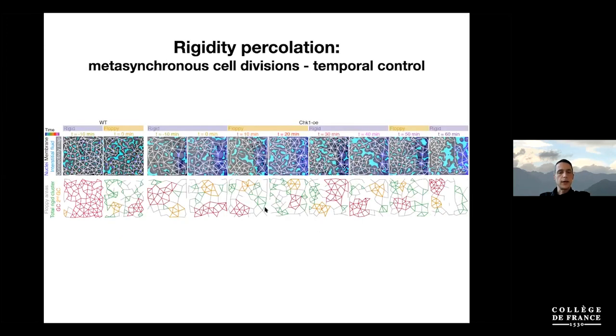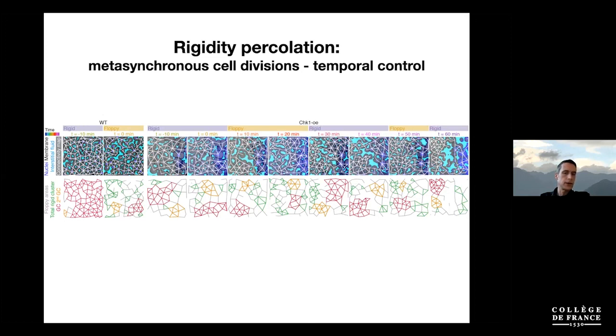So what she then did is she wanted to see if the tissue can still fluidize in a uniform way when she's interfering with the cleavage cycle oscillator. In a wild-type, as I've shown before, before fluidization the tissue is rigid. You have a very large giant cluster. And once the tissue fluidizes, the giant cluster size becomes very small.